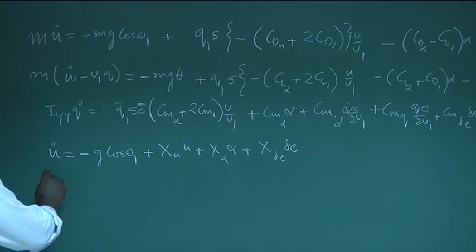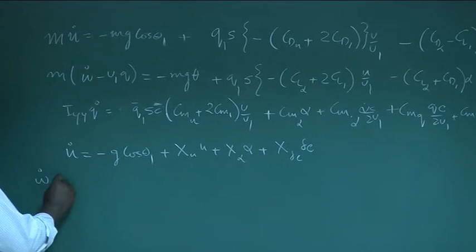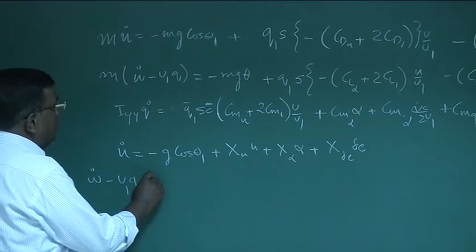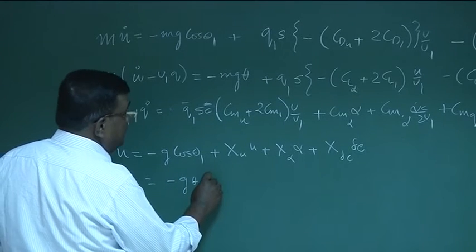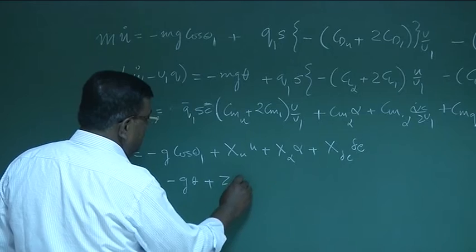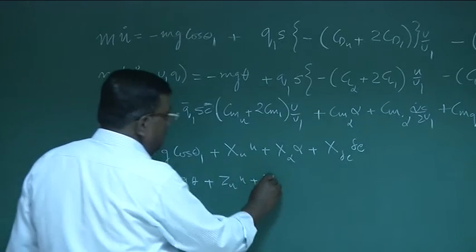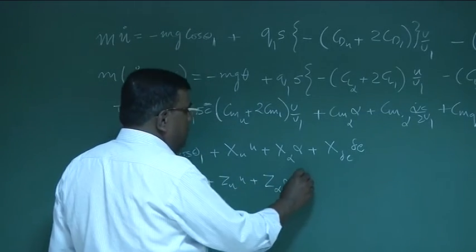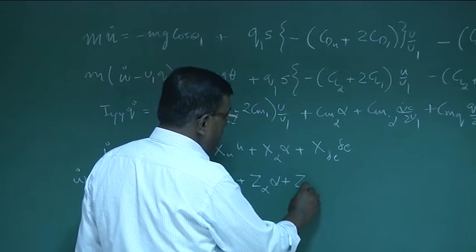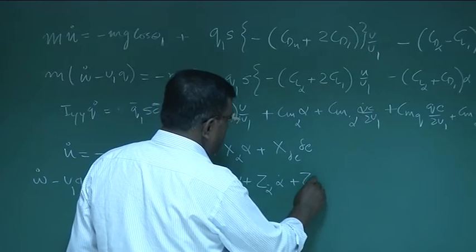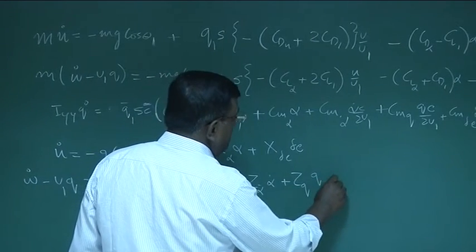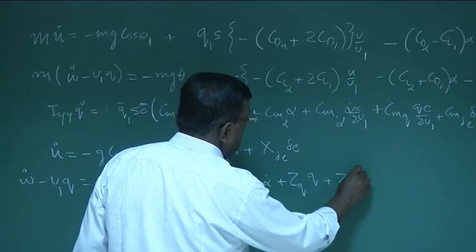Similarly, w dot minus u1 q equals minus g theta plus Zu into u plus Z alpha into alpha plus Z alpha dot into alpha dot plus Zq into q plus Z delta e into delta e.